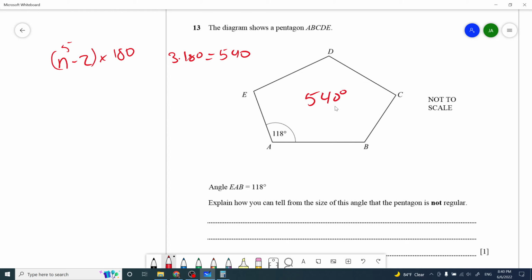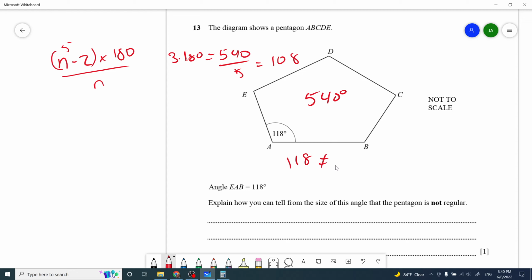We could subtract this and then divide it out, and we're going to see that these are all going to be less. Or we could even find out how big each one should be in a regular polygon: we just divide by n. So here, divide by 5, which will give us 108.